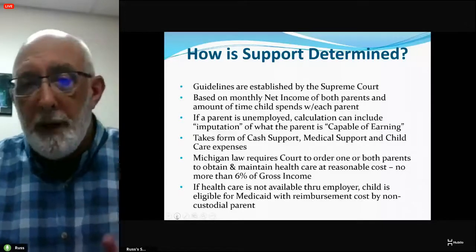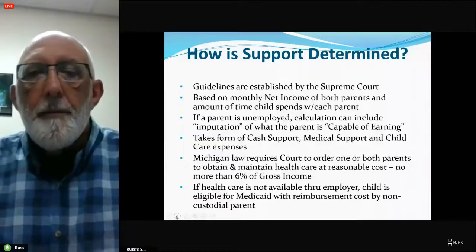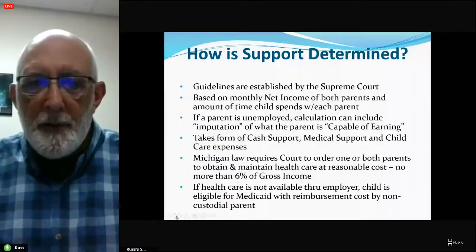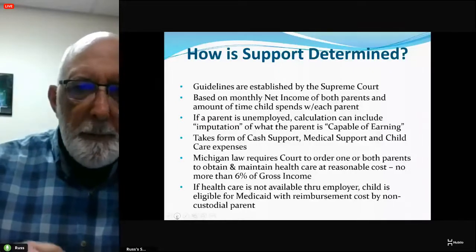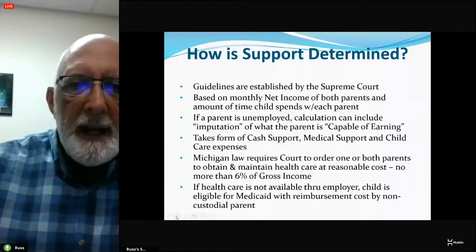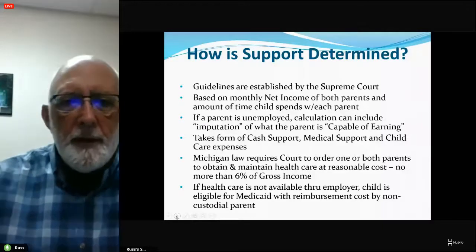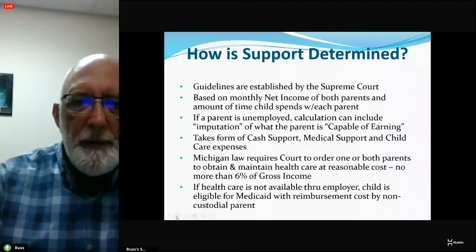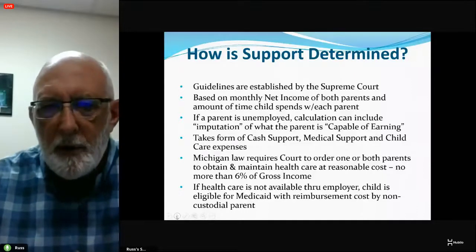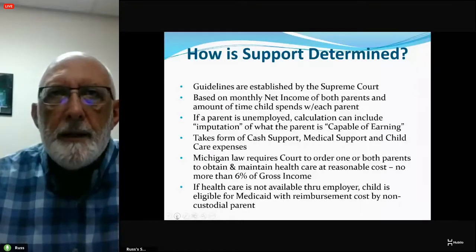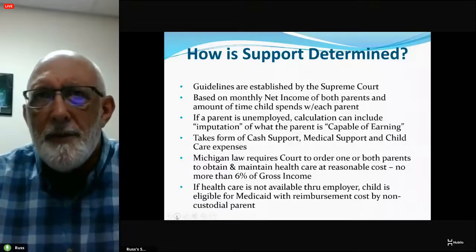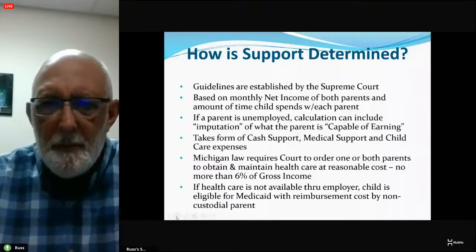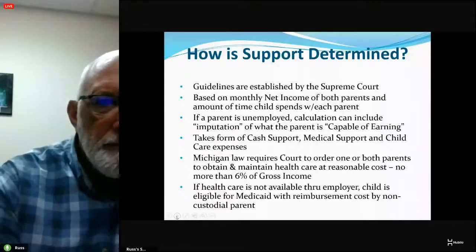If both parents have healthcare, then each parent is responsible to put the child on that health insurance. If health care is not available through the employer, the child is eligible for Medicaid, and there's some reimbursement cost paid by the non-custodial parent. Right now, that cost varies. I've seen it on average between $15 and about $40 a month.